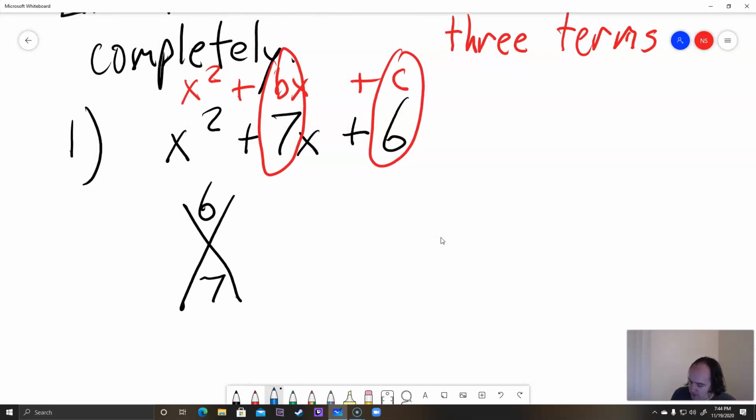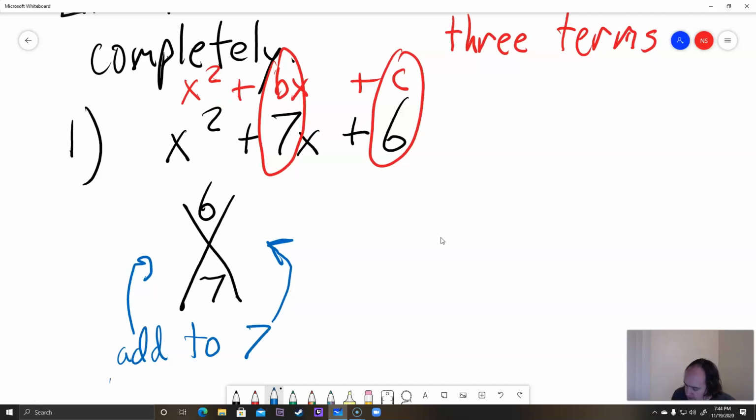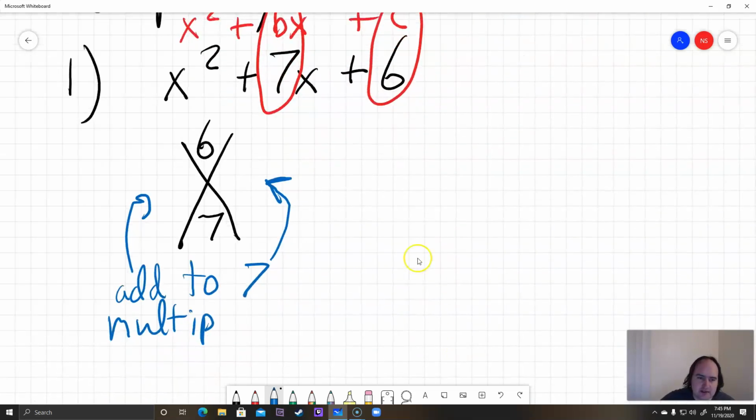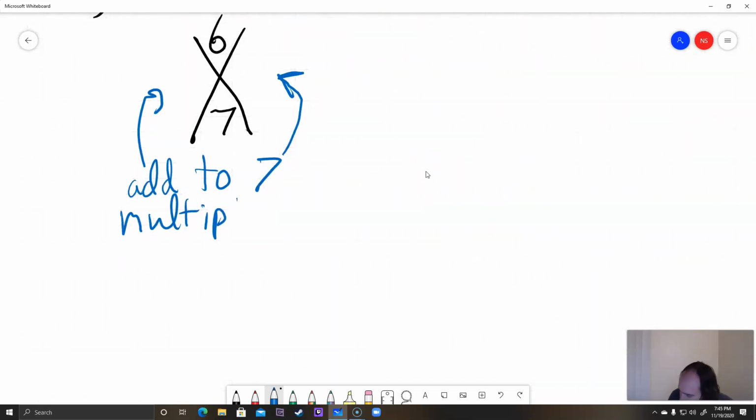Then we want to find two numbers on the sides of the x that add to 7 and multiply to 6. They multiply to the number on the top and add to the number on the bottom.